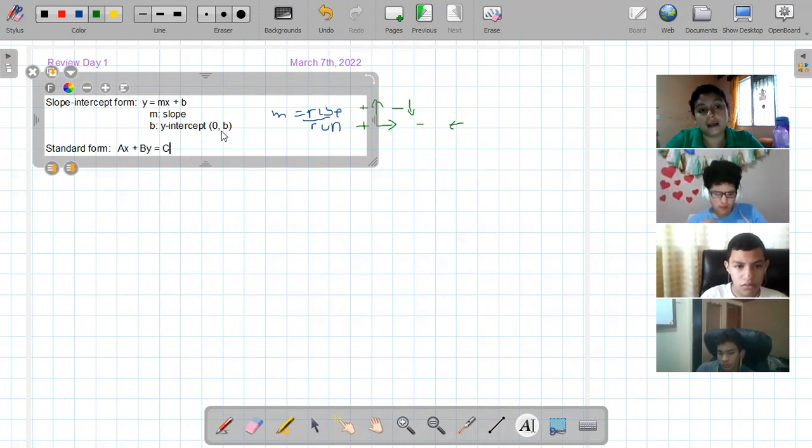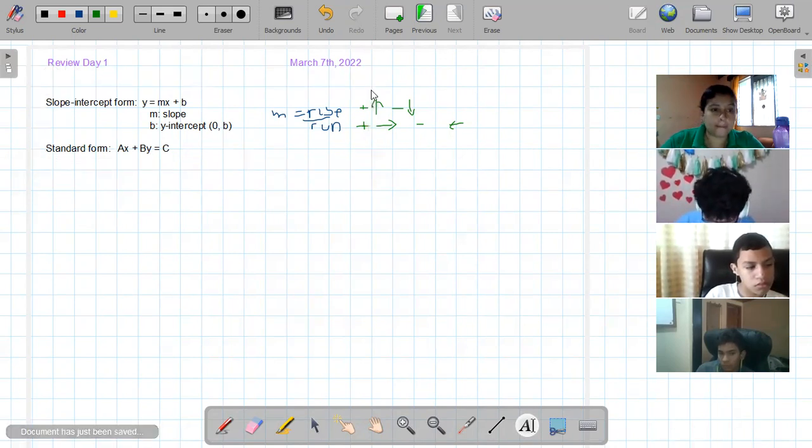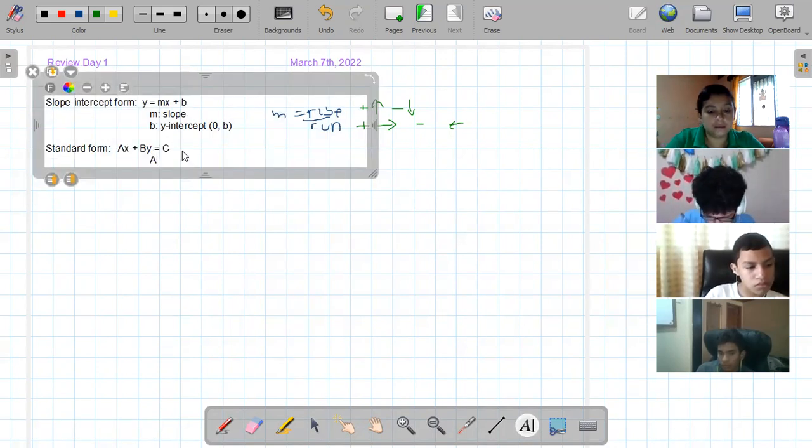And on the other side, you got the constant, okay? So first, slope-intercept form, y completely alone on one side. Standard form, both variables on the same side. A, B, and C are real numbers, okay?